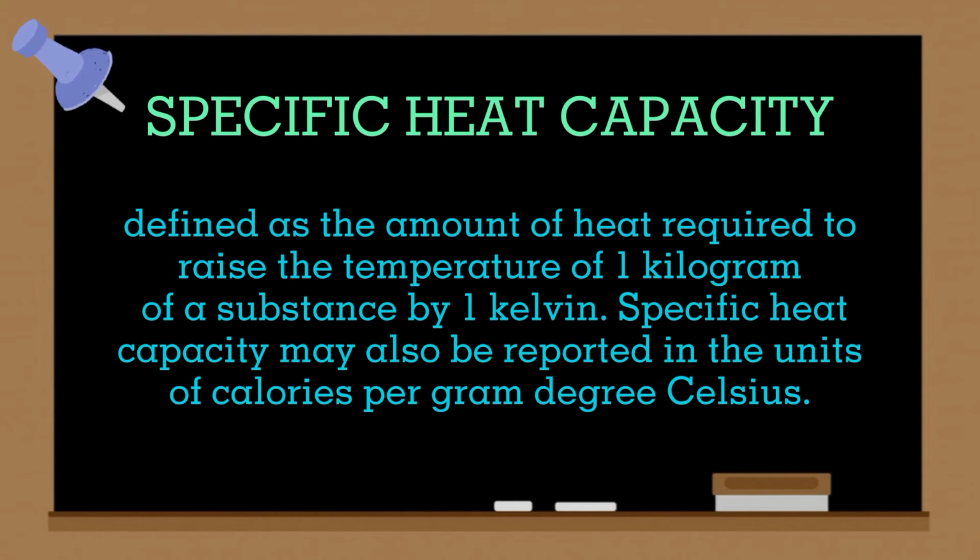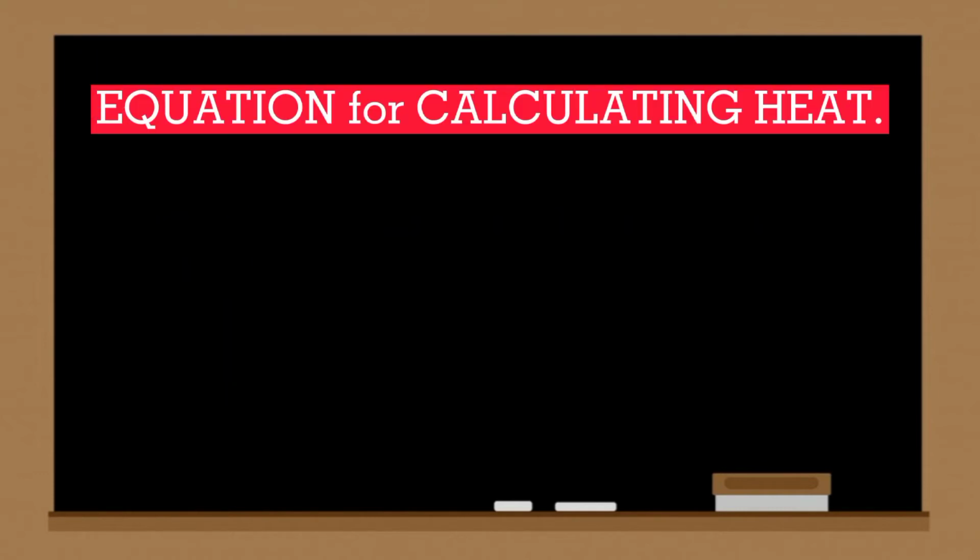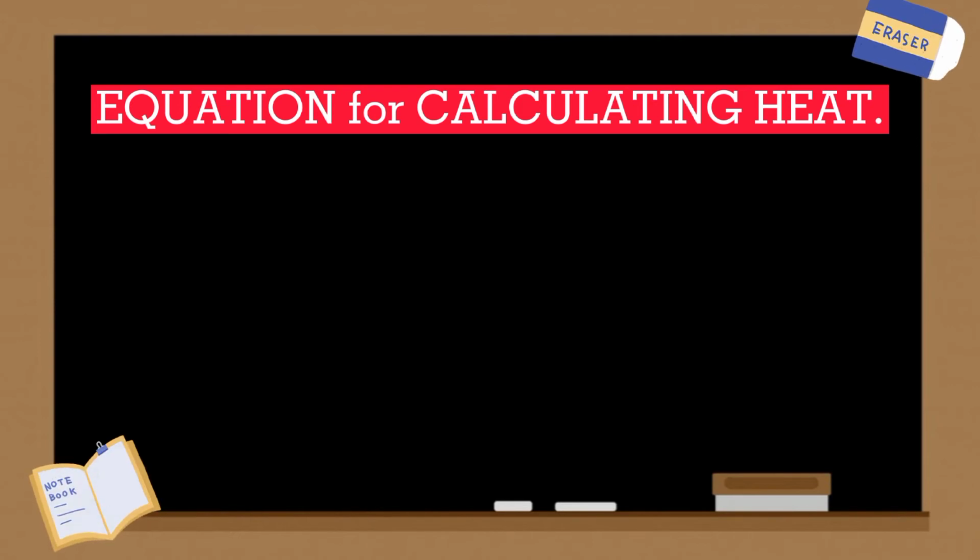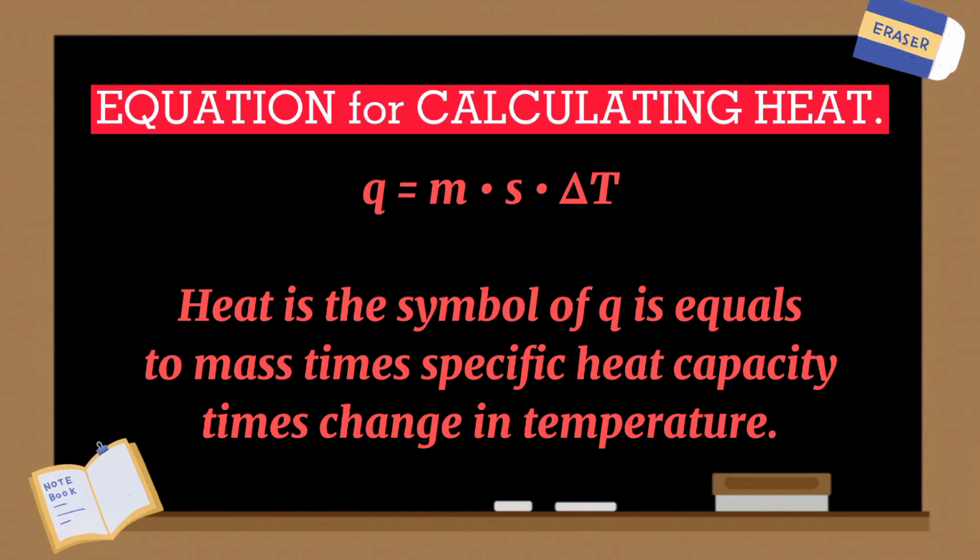Specific heat capacity may also be reported in the units of calories per gram degree Celsius. Here is a simple equation for calculating heat. Q equals M times S times delta T. Q is the symbol for heat, M is for the mass, S is for the specific heat capacity, and delta T is for change in temperature.